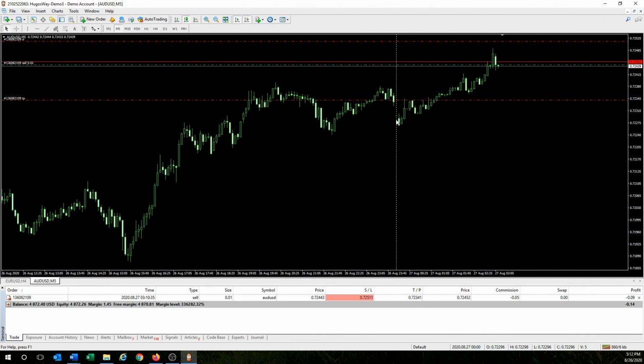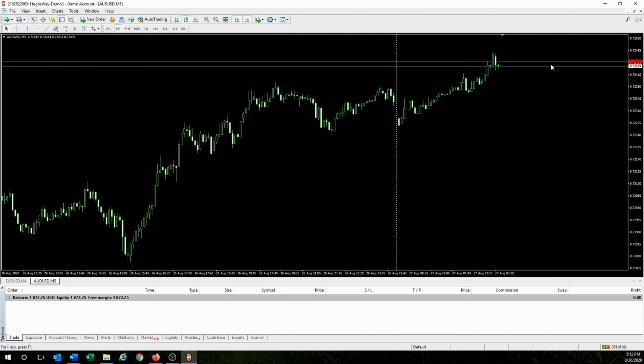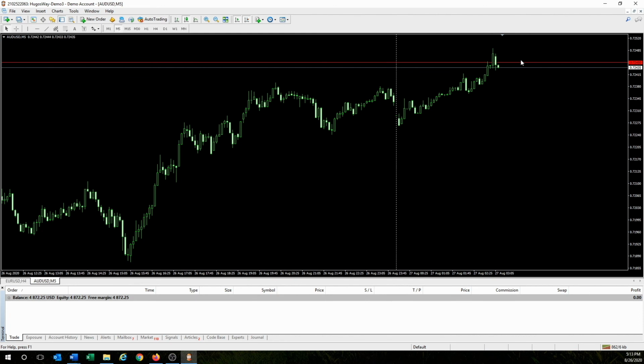And when the markets switch over, you see how here you see this big gap, you're going to see higher spreads during that period. And it's going to result in you having to have a larger stop loss, or if you don't adjust your stop loss, it's just going to get hit and you'll be upset.